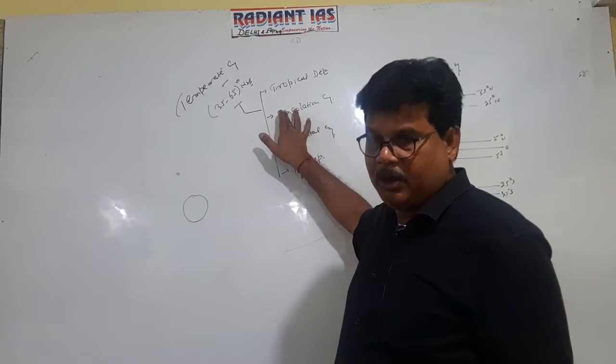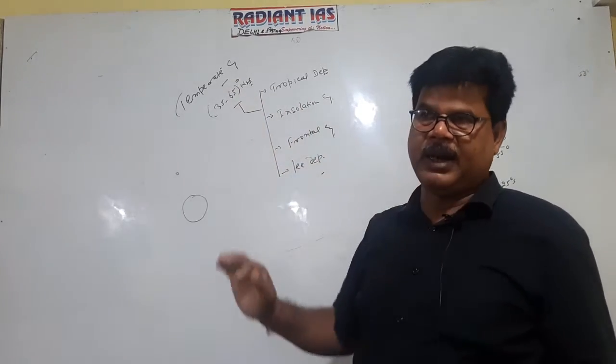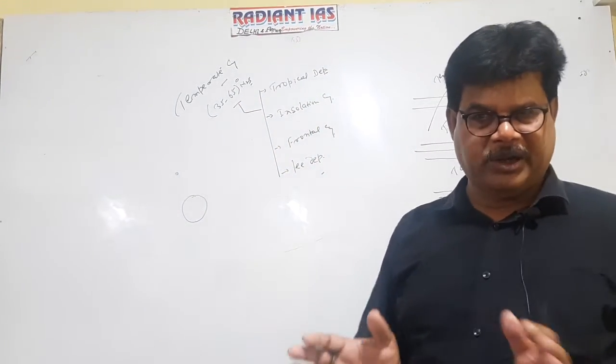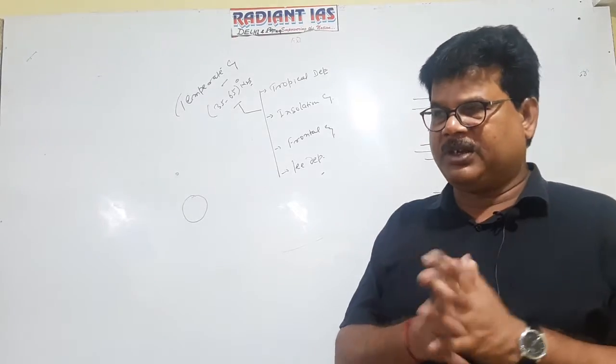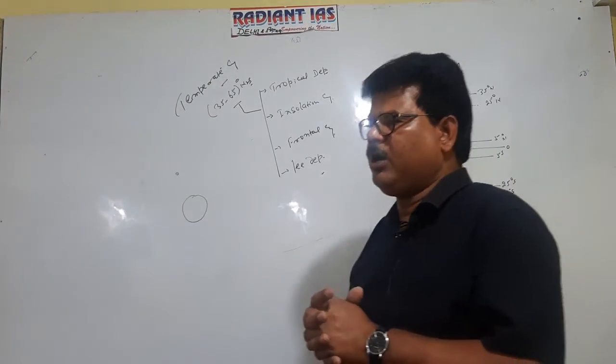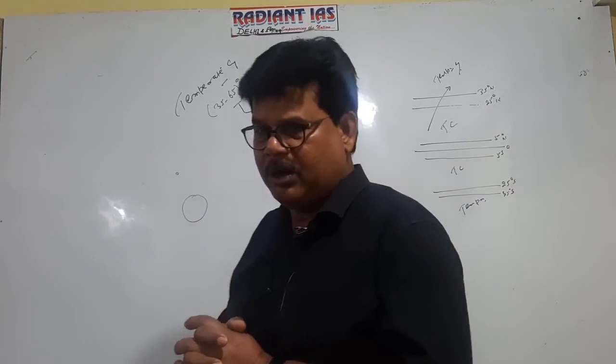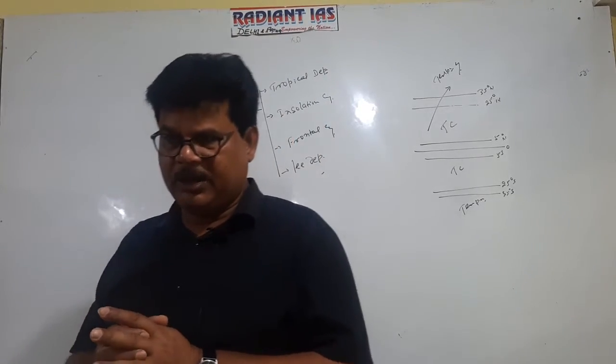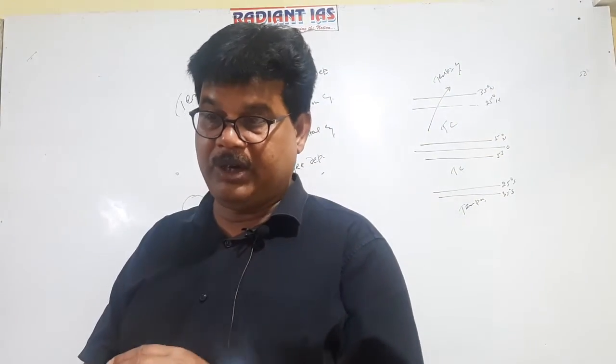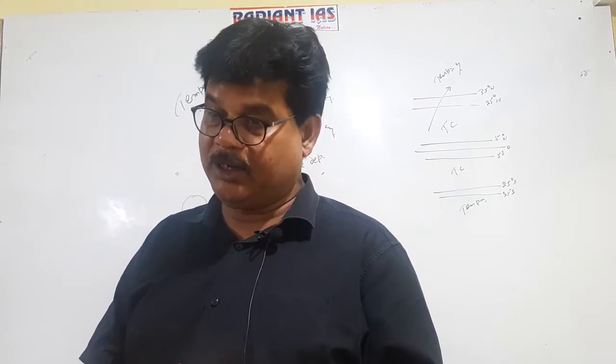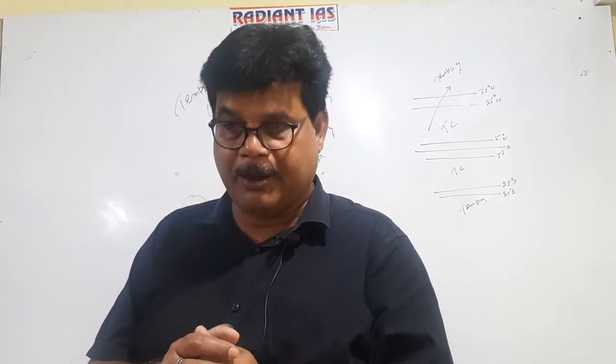Getting well now? Normally, I have made it clear that in case of temperate cyclone, low pressure is dynamically induced, but Humphrey said that sometimes during winter season, low pressure is created in the ocean, because in winter the temperature of the oceanic area is more as compared to that of the continental part, right?